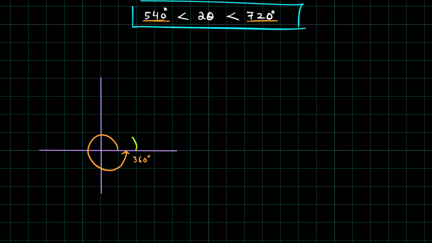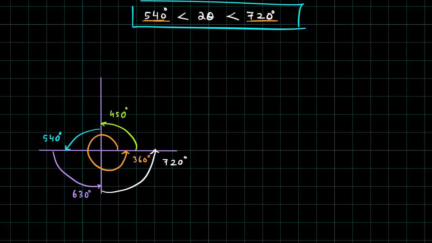Let me add 90 more, that is 450 degrees. Let me add 90 more, that is 540 degrees. Let me add 90 more, that is 630 degrees. And let me add 90 more, that is 720 degrees.